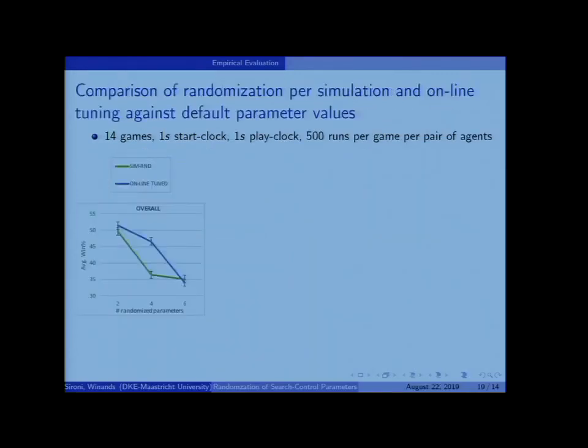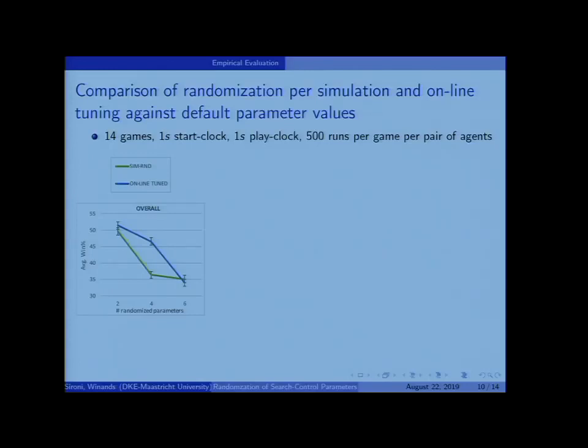The next thing that we tested was, well, we tuned the parameters online before, so how does this compare with the randomization of parameters? In the slide you can see we compare the two agents, matching them against the agent with default values. And you see on the slide the overall result over all the 14 games.